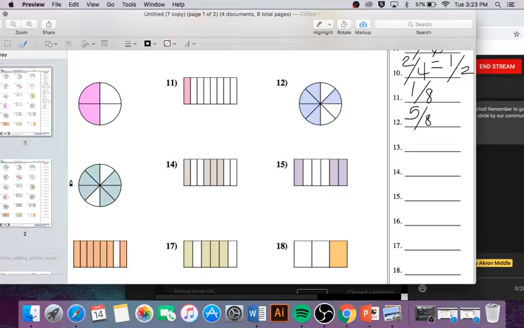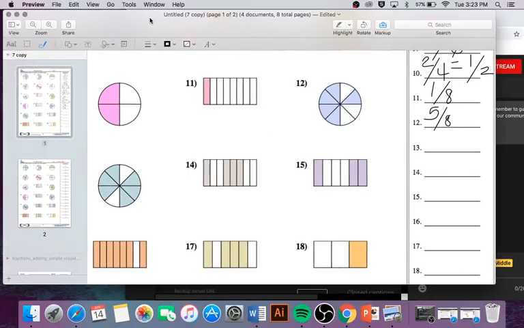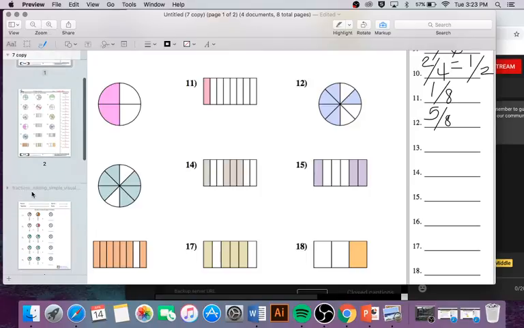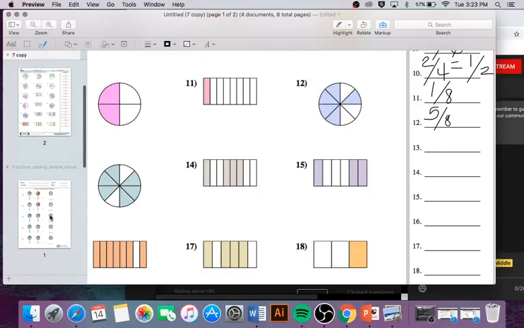Okay, I'm going to stop there on that one because I do want to go over some addition and subtraction of fractions. Maybe, if my computer will cooperate.